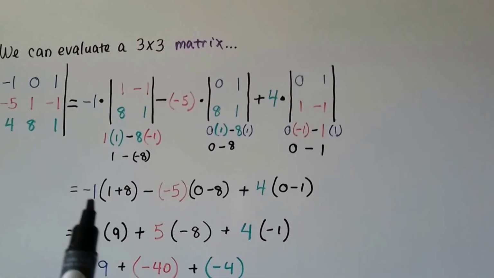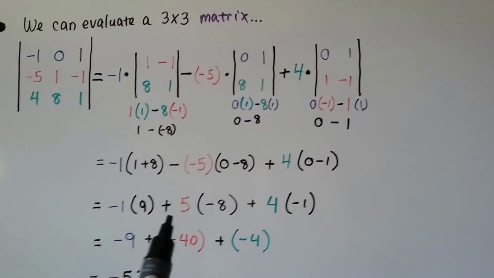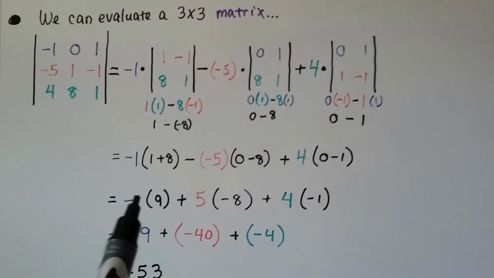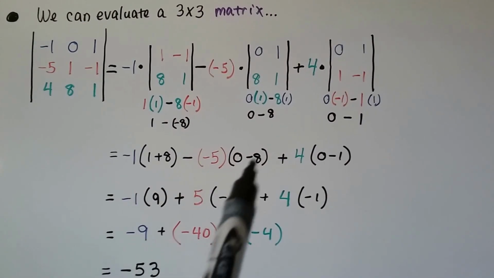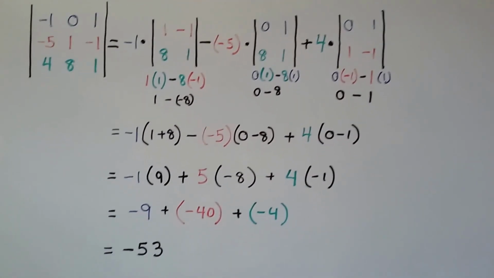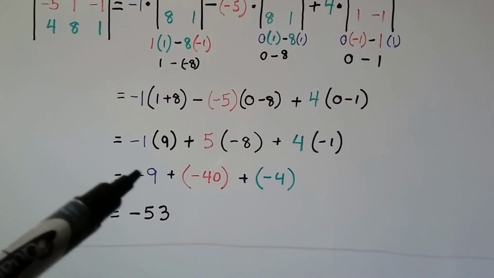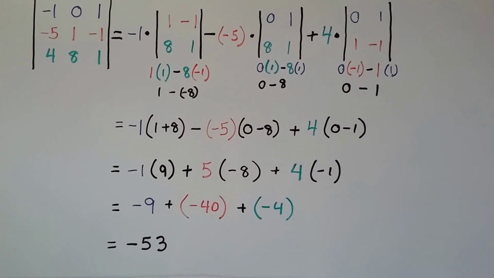See? So this is what we get. Now remember, when you subtract a negative, you add the opposite. So this is going to be a plus here. So now we've got -1 times 9 plus 5 times a -8 plus 4 times a -1. That gives us -9 plus -40 plus -4, which gives us a -53. See?